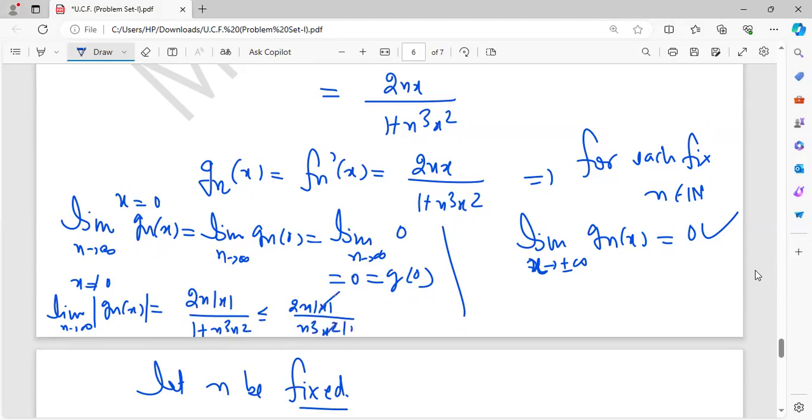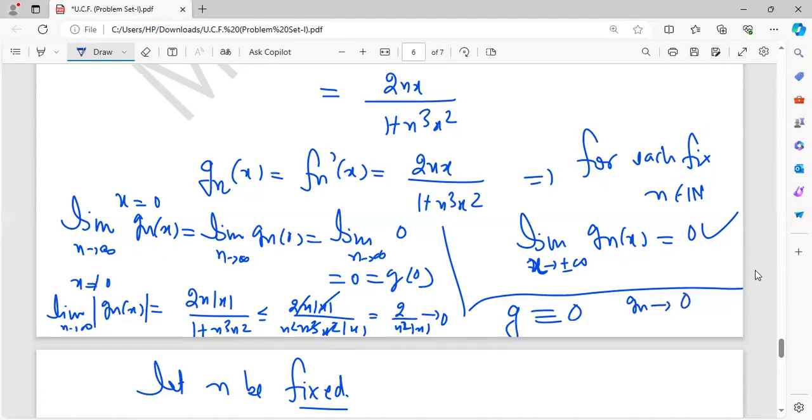So that is x, so 2 upon n square. That tends to 0. It means your g function is 0. So gn converges to the 0 function pointwise. It means the derivative function converges pointwise to the 0 function.